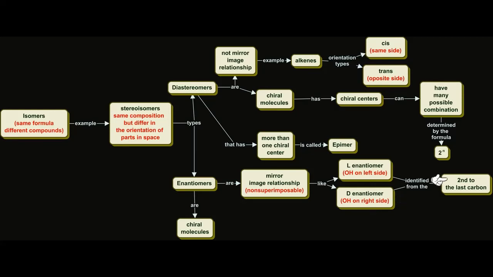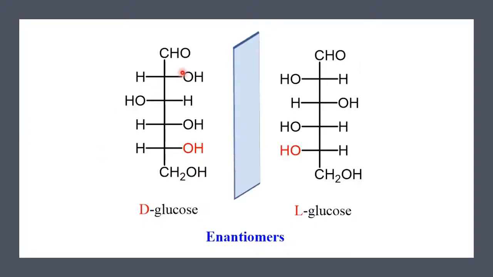Now, how do we identify the L or the D enantiomer? The D or the L enantiomer can be identified by looking at the second to the last carbon of the structure, or simply determining the OH from the CHO.